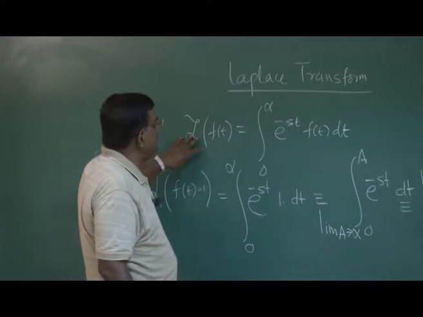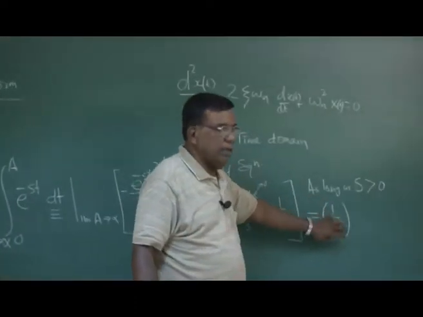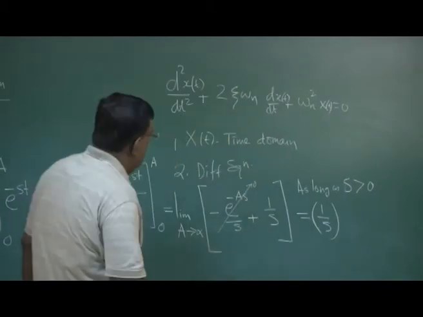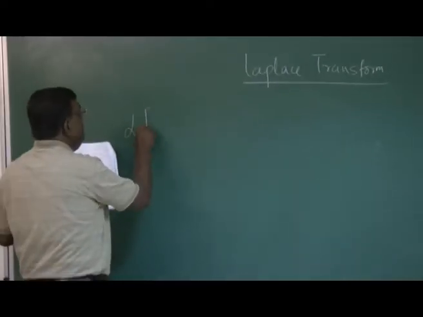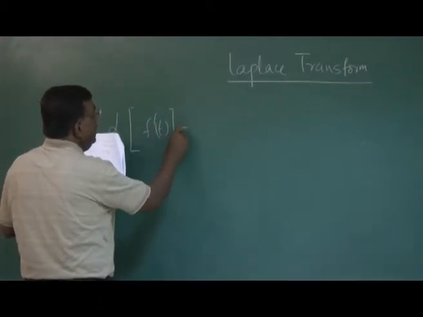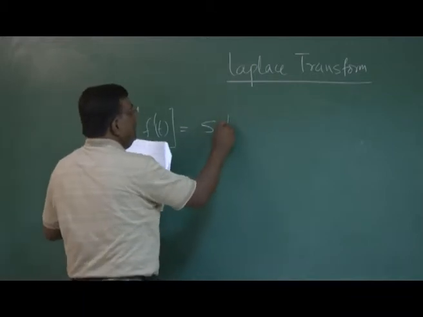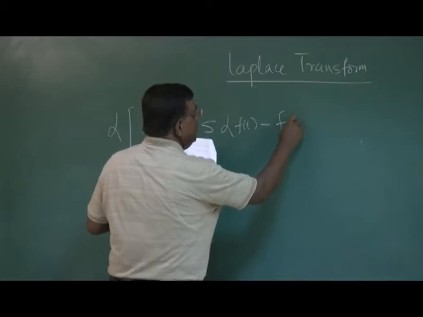What is happening, you see? The time domain function is being transformed into the frequency domain. That's the important thing. If I stretch this understanding for functions which are derivatives, then I'm just writing the result. Laplace of f prime t is s times Laplace of f of t minus f of 0.